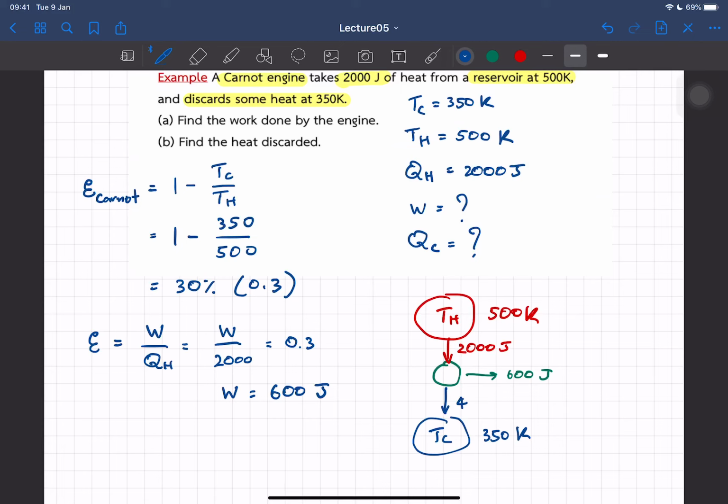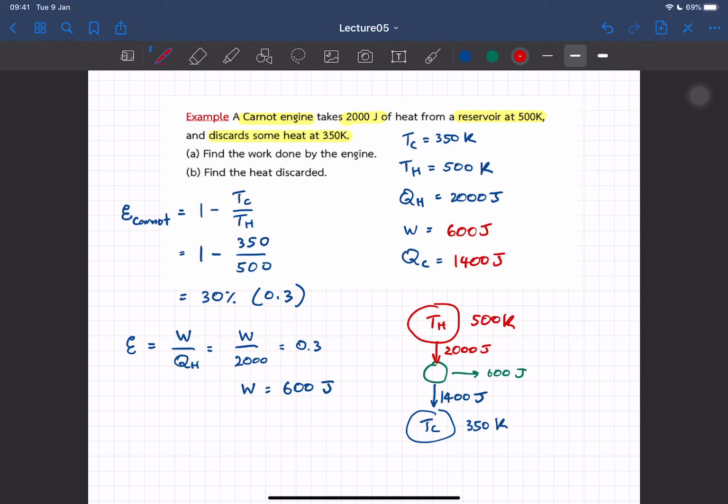So that's going to be 1400 joules. Okay, so then we can answer this question. W is 600 joules, and QC is just 1,400 joules. Okay, so that's a really simple application of this Carnot engine formula here.